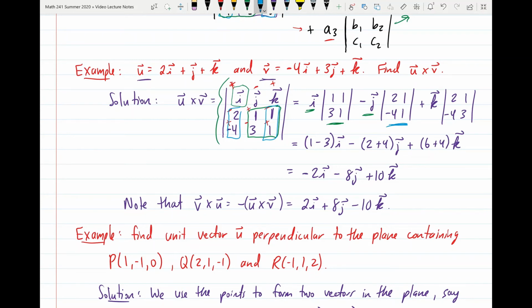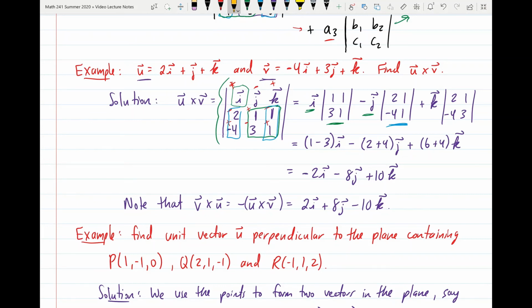And lastly, we have k being multiplied by the 2 by 2 matrix 2, 1 for the first row and negative 4, 3 for the second row. To find the 2 by 2 matrix that ought to be multiplied with k, again, we get rid of the terms in row 1 since k is in row 1.